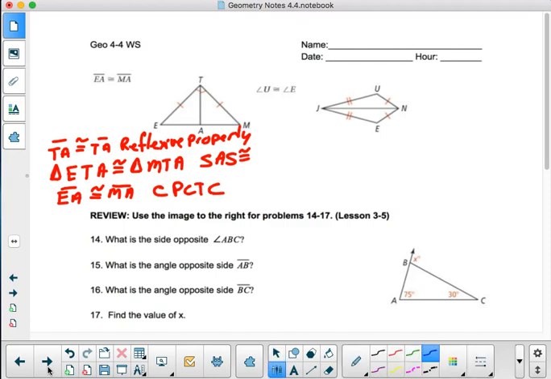Now let's look at 12, or 13, whichever this is. I'm looking at this being reflexive, so I know JN is congruent to JN. Now I didn't change that because they're in the right order. This is reflexive.